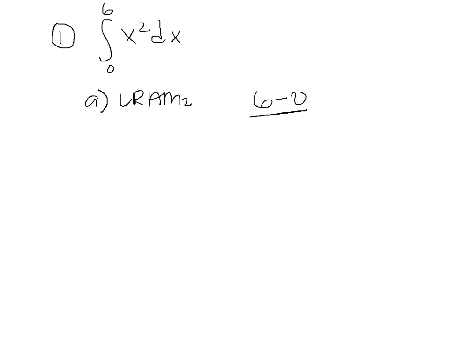Alright, for your first one, you were integrating from 0 to 6 of x squared dx, and I had you first do LRAM of 2. So the first thing is to figure out how wide your subintervals are, and if you do 6 minus 0 divided by the number of subintervals, you're going to get a width of 3.